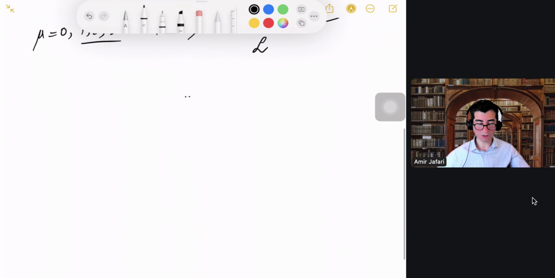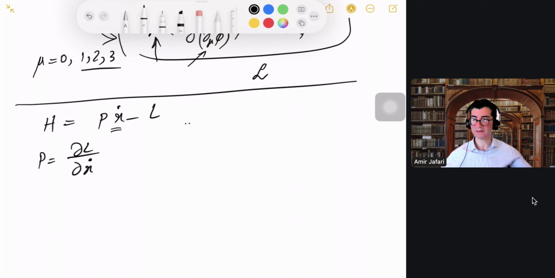Usually it's more common to write q for x, because the position is basically a generalized coordinate in classical mechanics. It can be an angle, for example, in general. But I'm trying to keep it simple. It's kind of a position, a coordinate. So the conjugate momentum is defined this way.